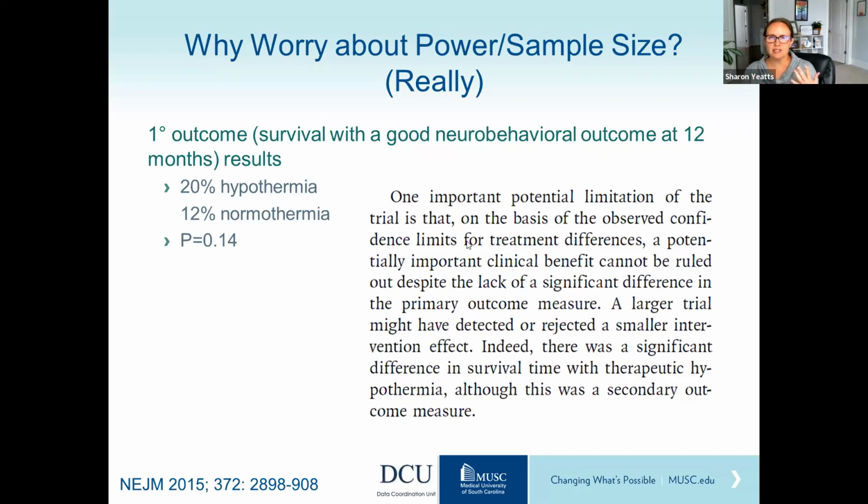And so we want to design studies in such a way that we are not left in this sort of limbo space where we see a clinically relevant treatment effect estimate, but we weren't powered to detect it. And so although the test itself is not significant, we're still left with questions.